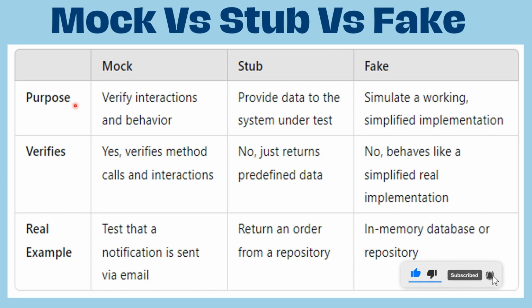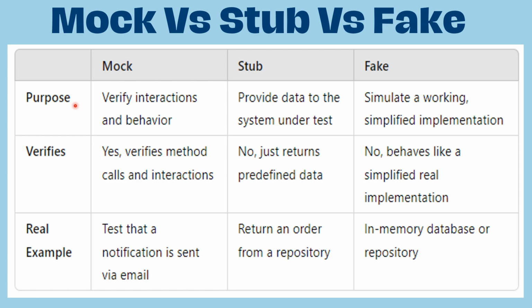For example, as I have shown you in the demo, for user data we have created a fake data which works exactly how the actual SQL Server database would behave when you try to add or insert the data.